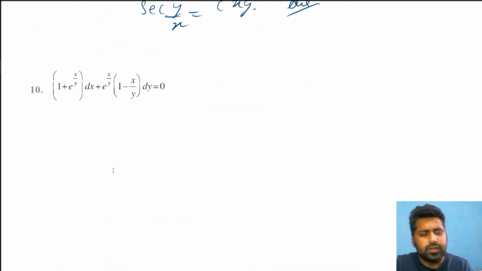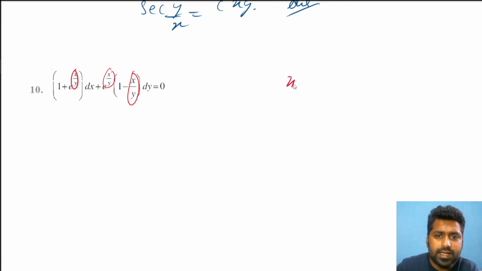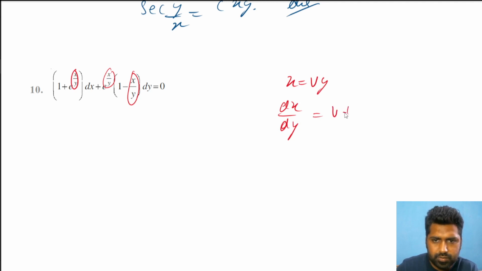All right, last one. If you see an x by y term, again it is going to be homogeneous, and this time you are going to use the substitution x is equal to vy. So dx by dy, first of all you need to generate dx by dy rather than dy by dx, is equal to v plus y dv by dy.